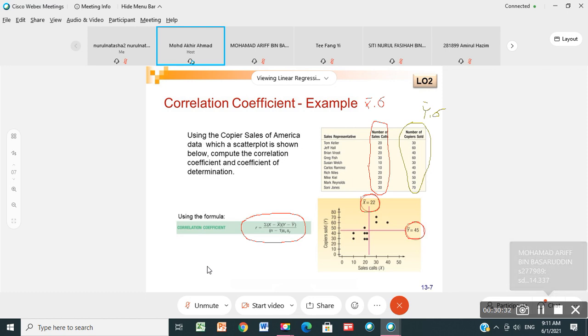So I think everybody understood how to find out the mean and standard deviation. Then from this result, we utilize the standard deviation to find out the R value. R value here.